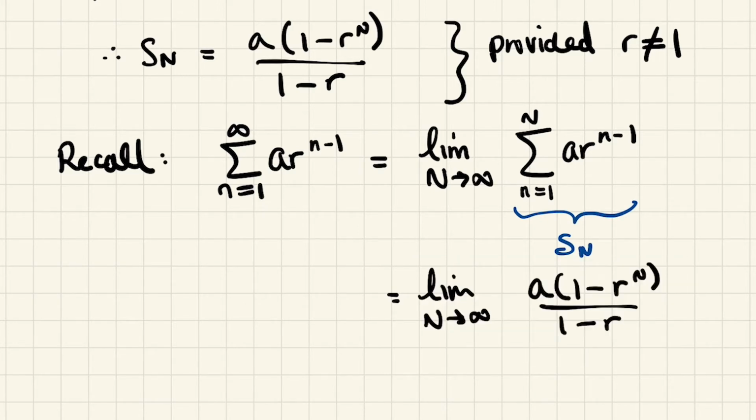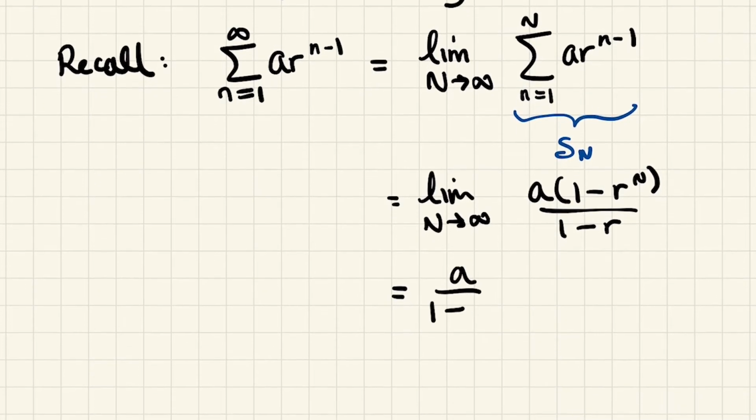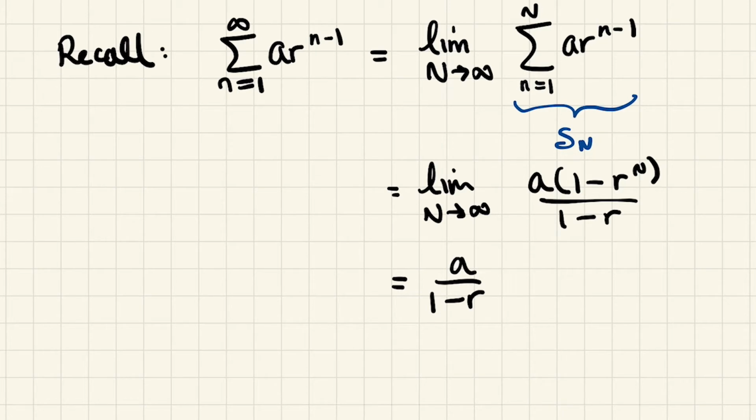This is going to depend on the value of r. We would get convergence if r to the N approached 0. So what are the conditions on little r so that r to the N approaches 0? That would occur if little r were between -1 and +1. So this limit would evaluate to a over 1 minus r, which is the form we'd get if r to the N went to 0. And this would occur if little r is between -1 and +1.